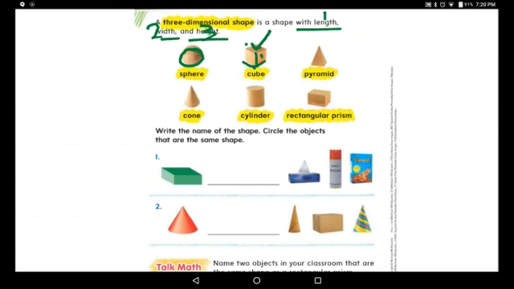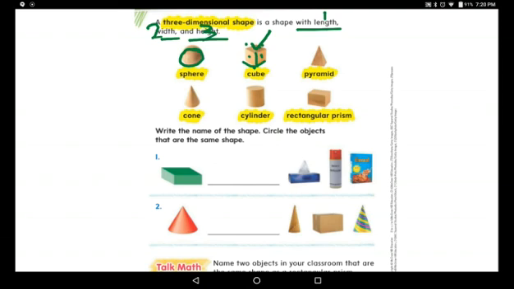Then here five, here six. So how many faces do we have here? We have six faces. Each cube has six same faces. They are the same in size.